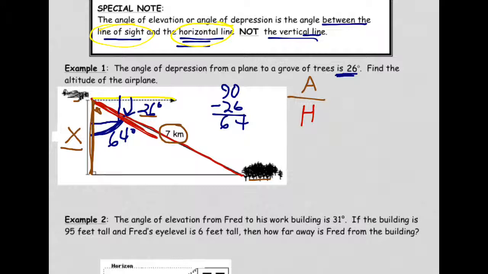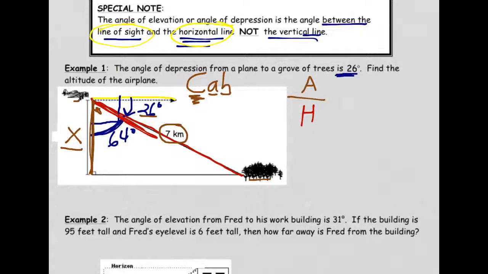Which trig function do we use to find adjacent over hypotenuse? Well, for that, you're going to have to remember your SOHCAHTOA, and the CAH of your SOHCAHTOA. CAH, adjacent over hypotenuse, is cosine.